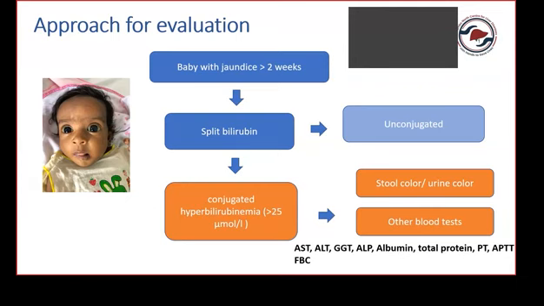So I would like to have transaminases, gamma-GT, alkaline phosphatase, albumin, total protein, PT, APTT, and maybe a full blood count along with that, which would help us to narrow down our differential diagnosis. So just to summarize, you have a baby with prolonged jaundice, you have got split bilirubin, and you have conjugated hyperbilirubinemia. So you have got the rest of the liver functions, and you have looked for the stool color.